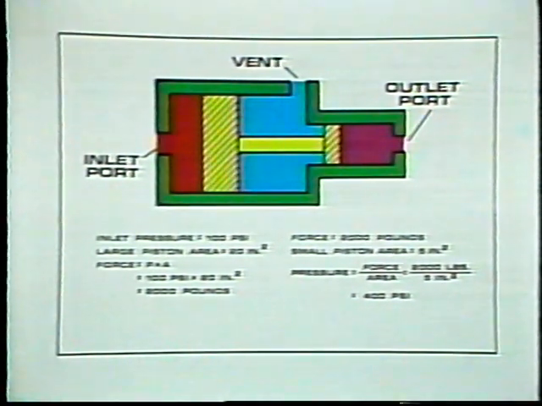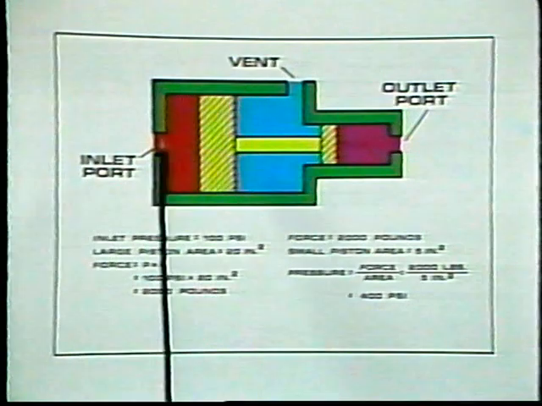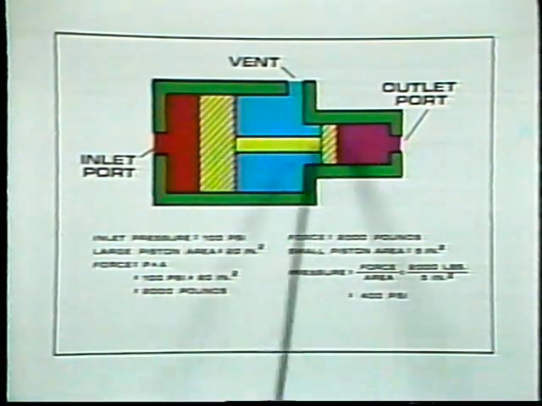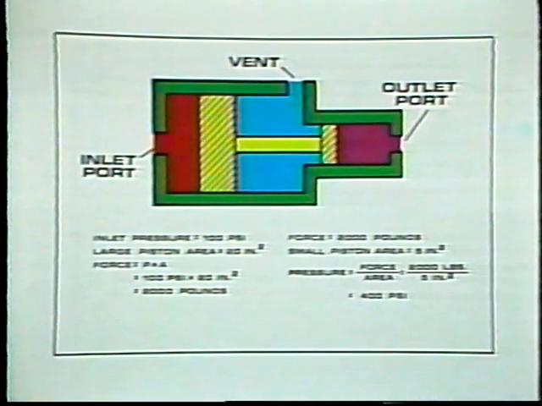You will note that although we have increased pressure, we really haven't gotten something for nothing. Over here on the 100 psi side of the intensifier, the volume is 4 times as great as the volume here on the 400 psi side. What we've done is traded volume for pressure.